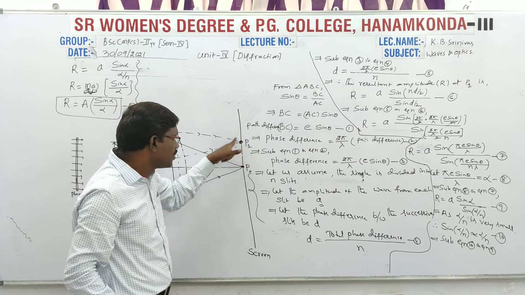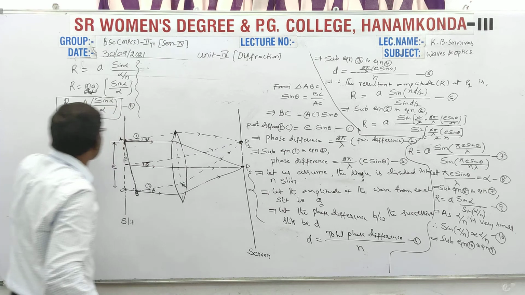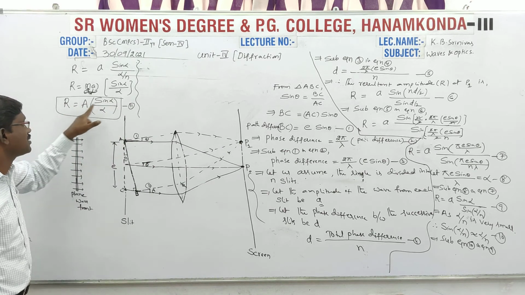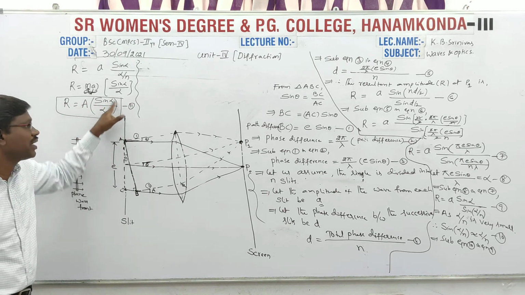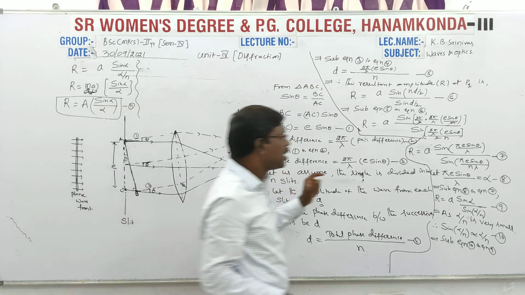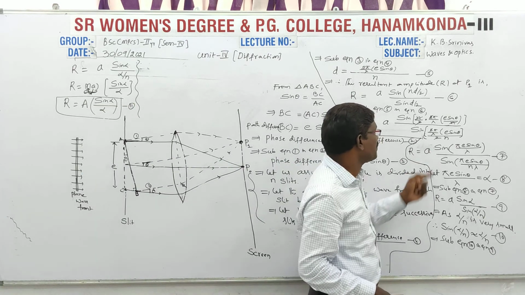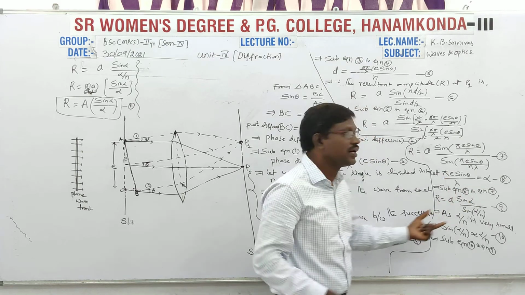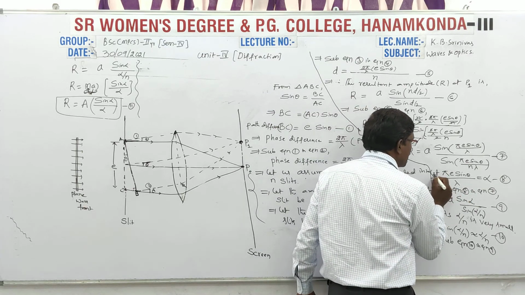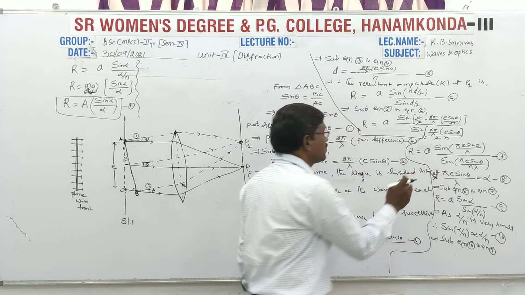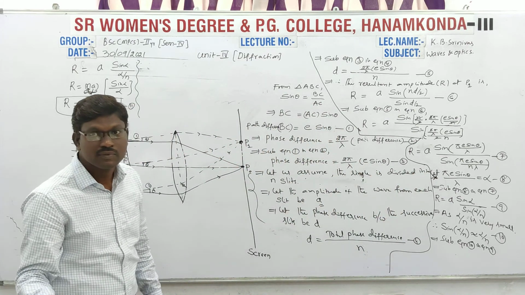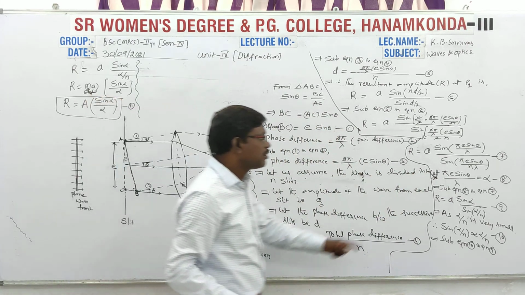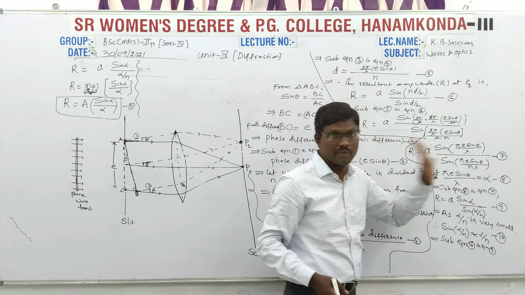The resultant amplitude at P1 is A sin alpha by alpha, where alpha is equal to pi a sin theta by lambda. This is a very important value. We are going to use it in our next derivation also. You have to remember what alpha is: pi a sin theta by lambda.